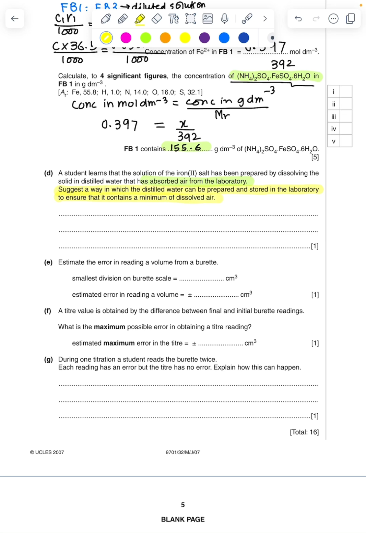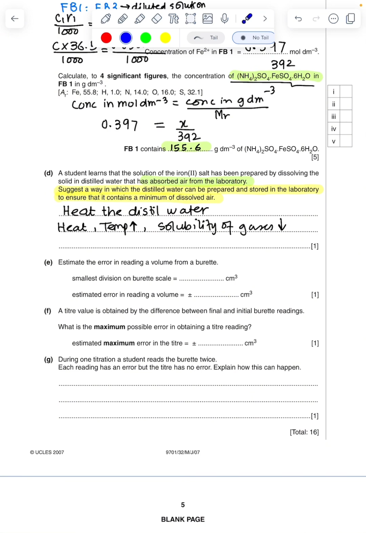So you can write that you can heat the distilled water, because when you heat, the temperature increases, and when the temperature increases, you need to understand that solubility of gases decreases, right? So we can simply heat, and heating is going to raise the temperature, which will be decreasing the solubility of gases.